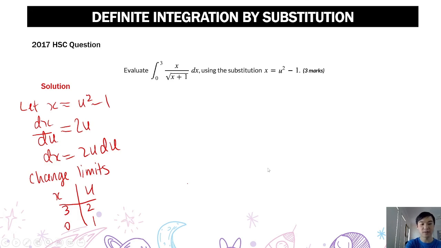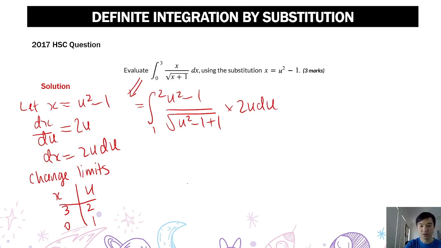So now this integral will become, with new limits from 1 to 2, x at the top becomes u squared minus 1. At the bottom, root x is the square root of u squared minus 1 plus 1, and the dx becomes 2u du.